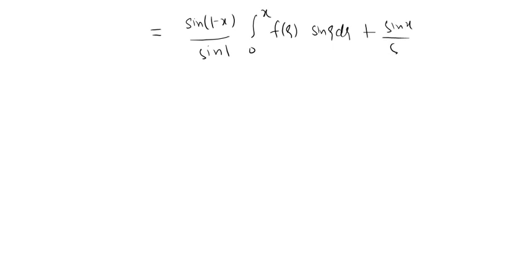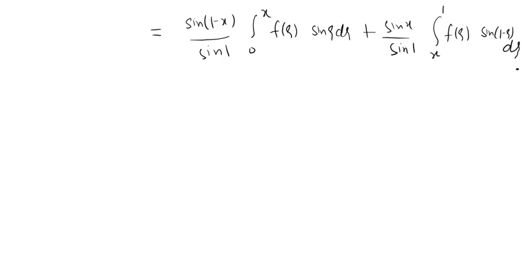Okay, so the final answer is sine(1 minus x) upon sine 1. This is the Wronskian. P is 1, so the integral from 0 to x of f(xi) sine xi dxi plus sine x upon sine 1, so this is the second function divided by the Wronskian, from x to 1, so this is my second coefficient, f(xi) times sine(1 minus xi) dxi.